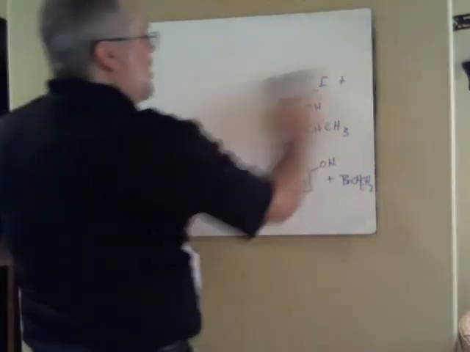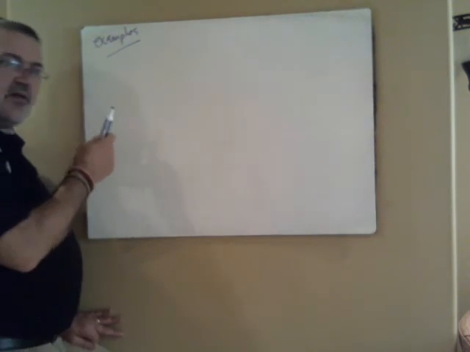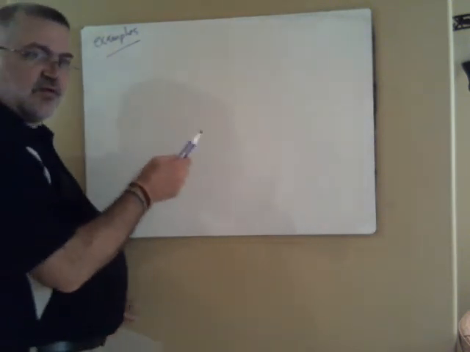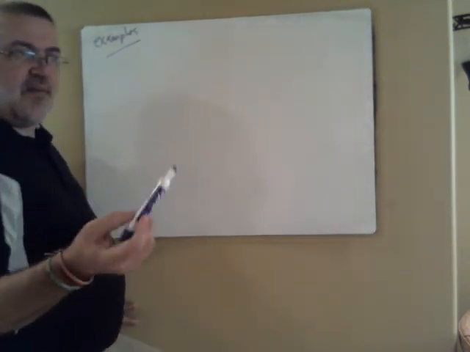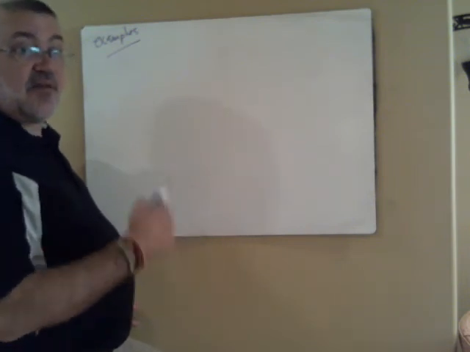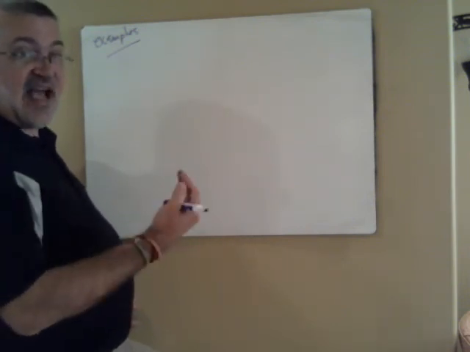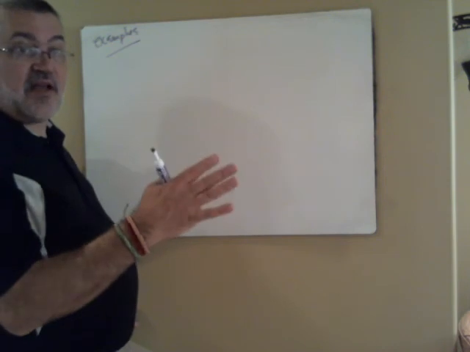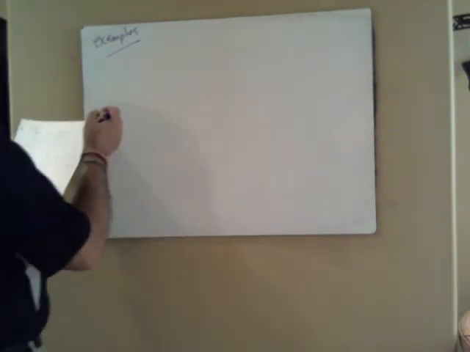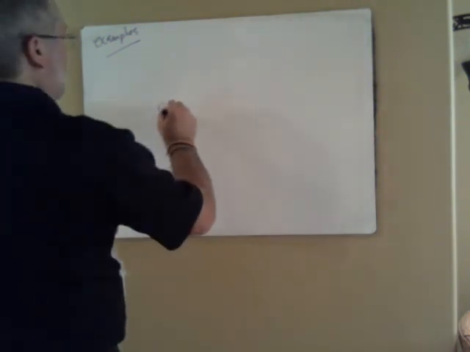When we're talking about regiochemistry of cleavage, we're talking about which side the cleavage occurs on. In other words, which side the I minus or the Br minus attacks to facilitate the cleavage.